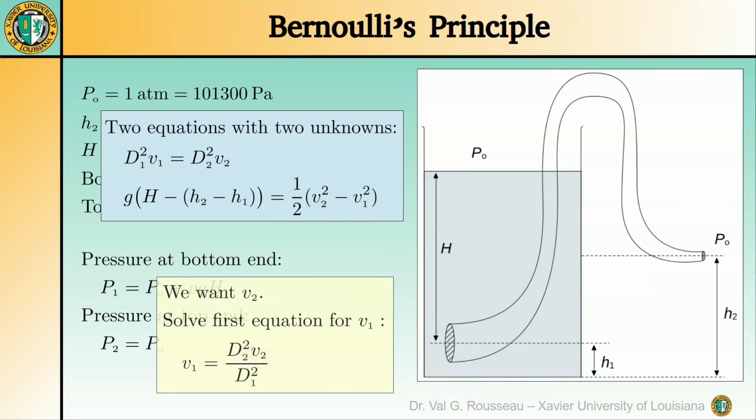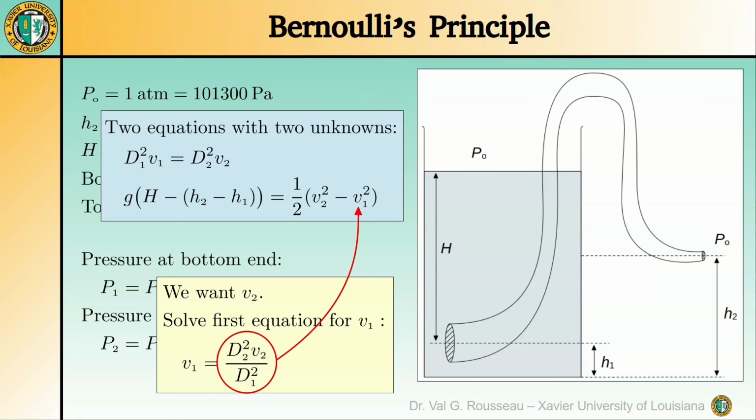And what we want to find is v2. So v1 is the unwanted unknown, and as usual, we solve the easiest equation for the unwanted unknown. So we write that v1 is d2 squared v2 over d1 squared. And then we substitute into the Bernoulli equation.